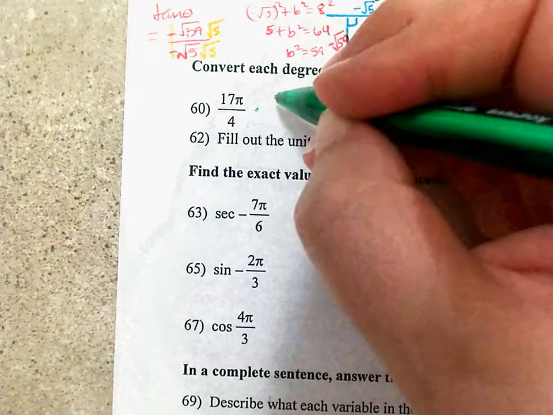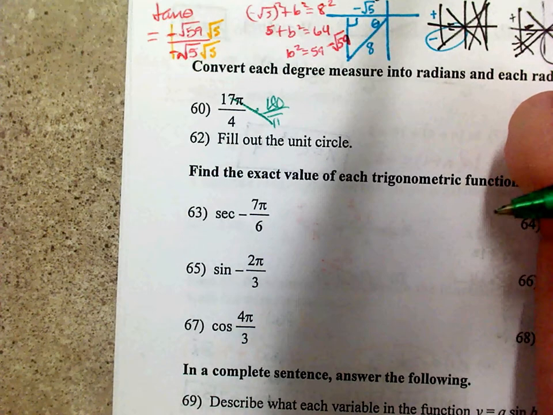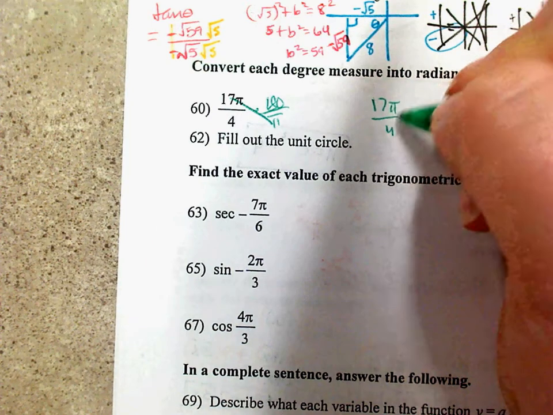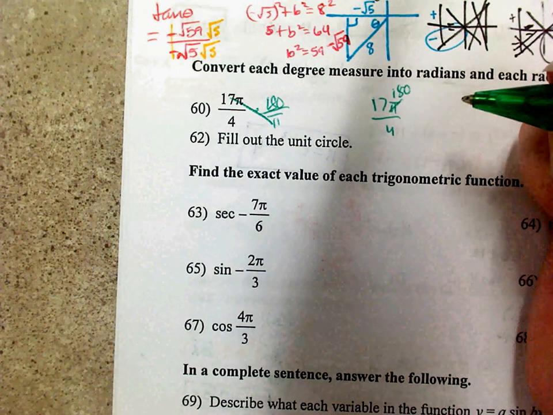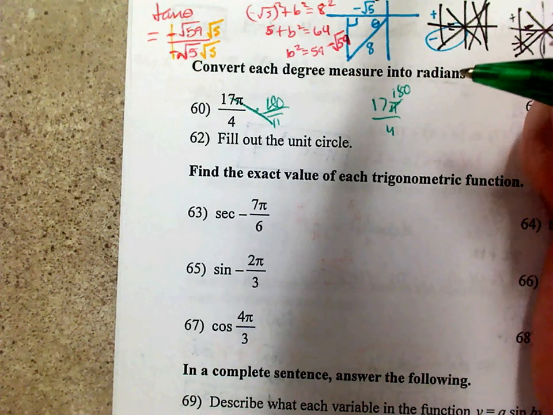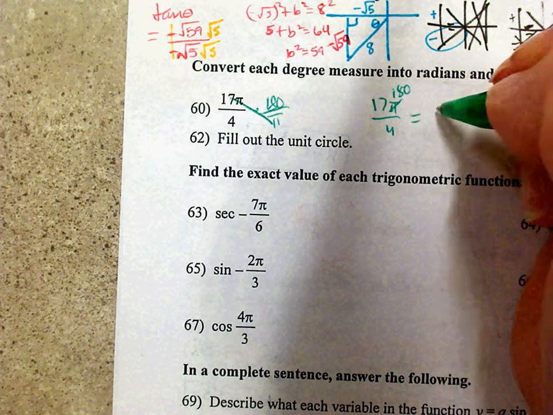Or you can just replace pi with 180. Either way, you're going to multiply 17 times 180 and divide it by 4. So what's 17 times 180 divided by 4? 765 degrees.